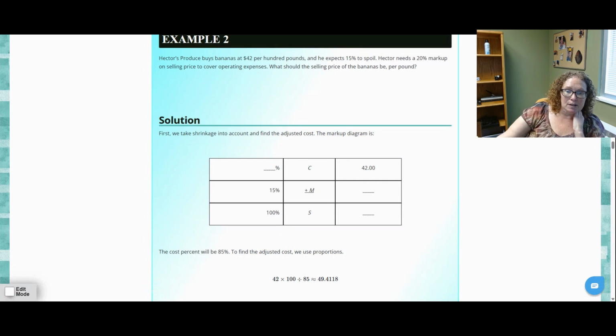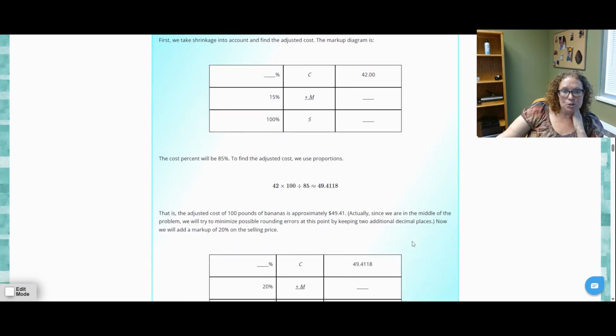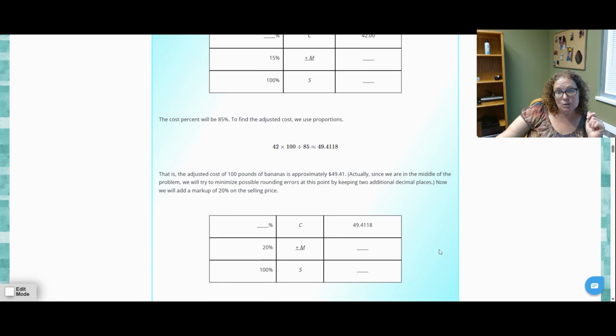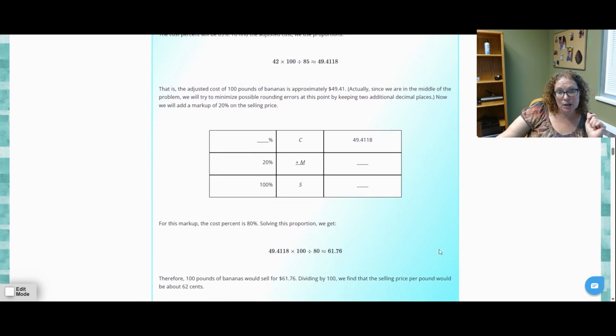To find the adjusted cost, we use the proportions. So the adjusted cost of 100 pounds of bananas is approximately $49.41. But we're not quite done yet. We still need to do the markup on the selling price.